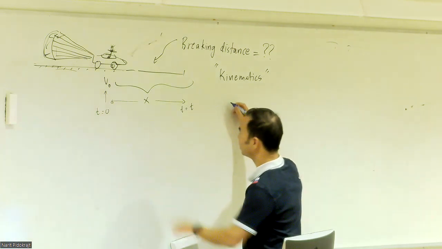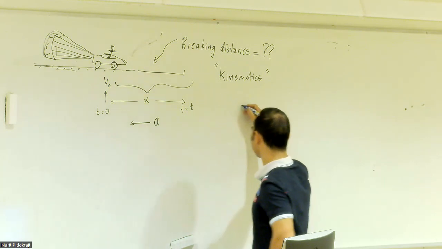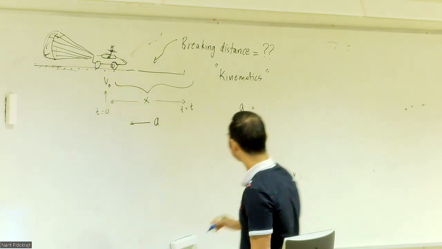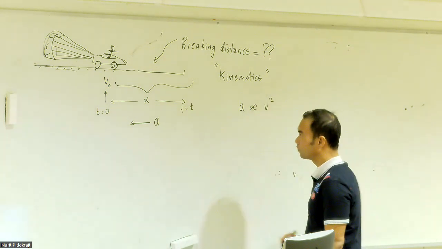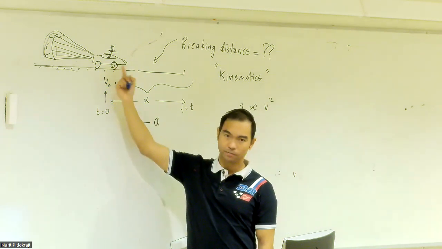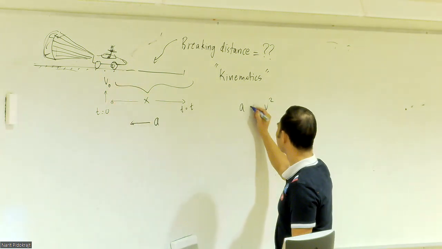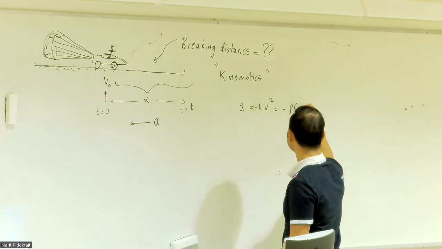We start with the acceleration, which is the main player here. It's going to be a negative acceleration. We already know from the drag force that the acceleration is directly proportional to v squared, where v is the speed of the object through air. This is minus k v squared, and k is rho Cd A over 2.